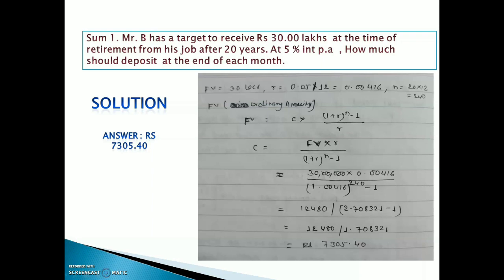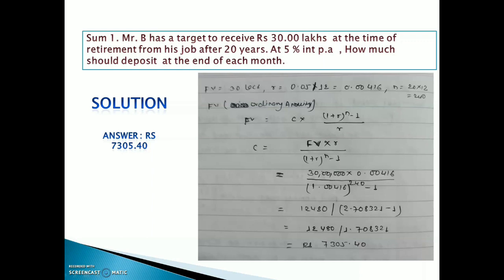Now here we have the future value 30 lakhs and the rate of interest is 5% per annum. Since Mr. B has decided to deposit at the end of each month, we will have to divide 5% by 12.